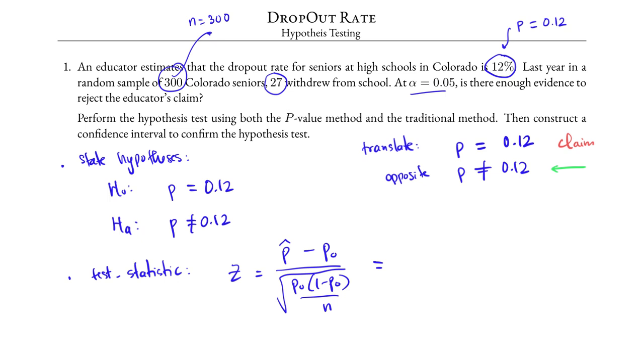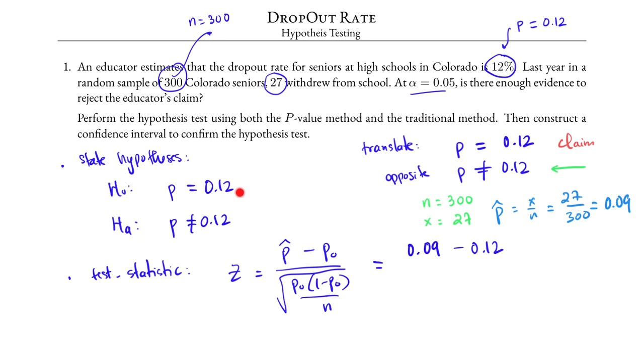In this case, the sample size n equals 300, and the number of successes, the number who withdrew from school, is 27. And so p hat equals x over n, or 27 over 300. This is 0.09. And so the test statistic is p hat 0.09 minus the null value 0.12.